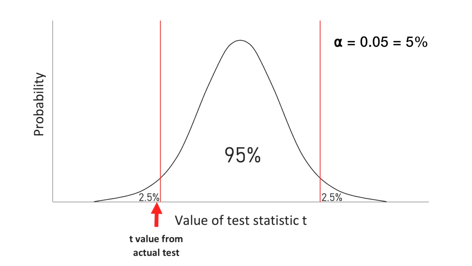So the level of significance still is 5% or 0.05. But now we reject the hypothesis, no difference between the two groups, either if our test statistic is below the lower threshold or if it is above the upper threshold. In this case here, we can see that the red arrow, our t-value, is still below the lower threshold. Hence we still conclude that there is a statistically significant difference between the two groups.